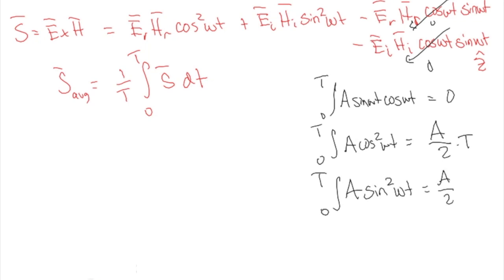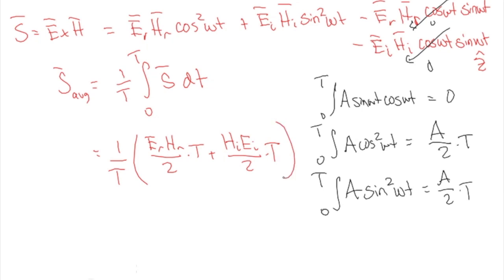So this gives our average power to be 1 over the period of ER times HR over 2 times T plus HI times EI over 2 times T. Simplifying this down again, we can cancel out the T's, and we get our average power equaling 1/2 times ER HR plus EI HI.